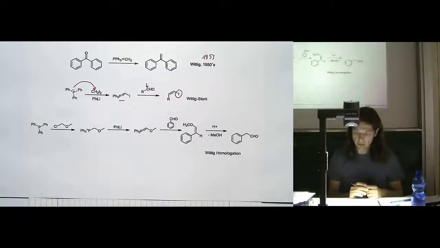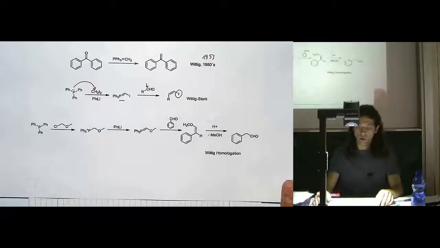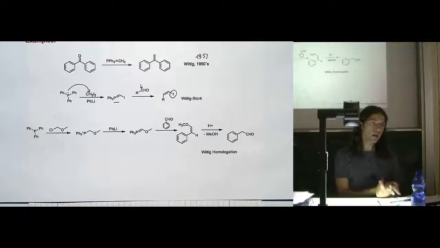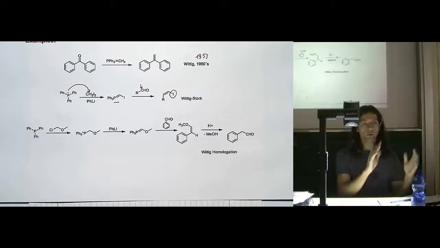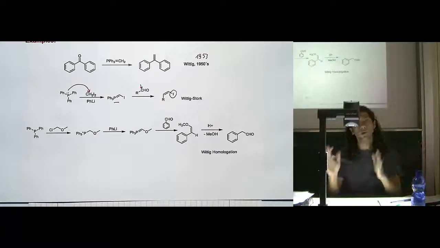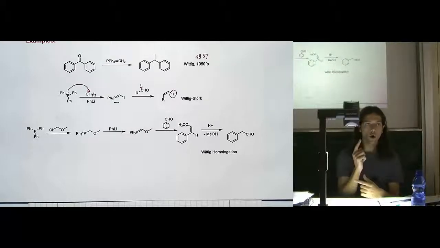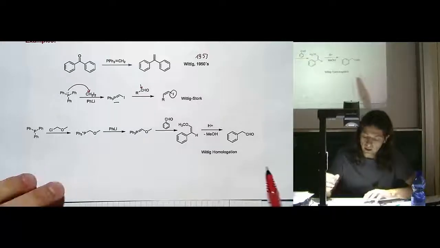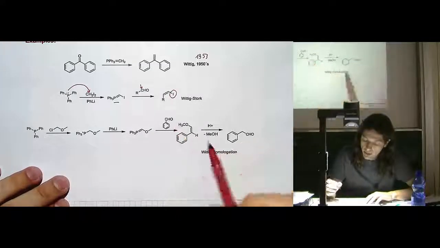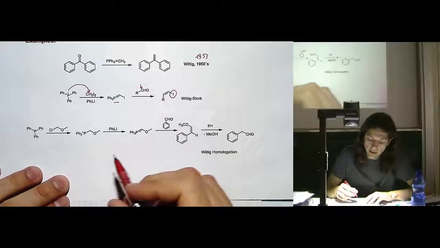Another example that is very important is the Wittig homologation. A homologation reaction in general is a reaction that transforms the reactant into another species that differs only in one repetitive unit. So I will explain the mechanism.